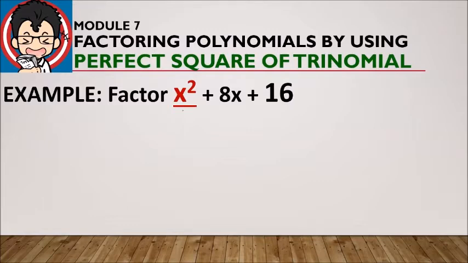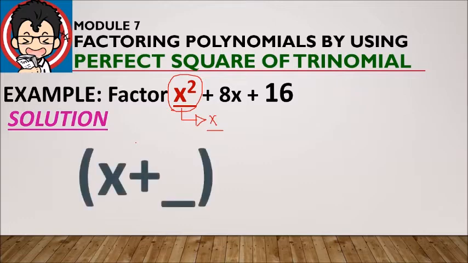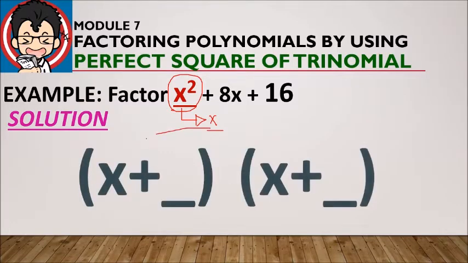Next is, ayan, we will get the square root naman of the first term. Ano ba yung first term nung trinomial natin? Yes, it's x squared. Ano bang square root nito? Yes, very good. The square root is x. So, anong gagawin natin dito? Yung x, yan, di ba blanco yung binomials natin kanina? O, yung x, dun ko siya ilalagay sa first terms natin.